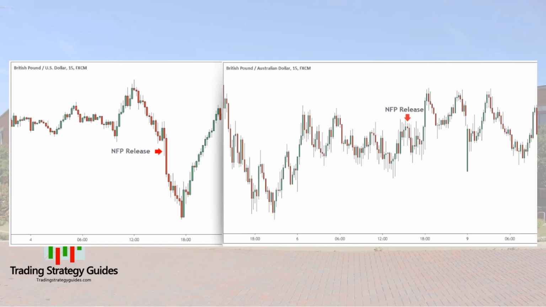This happens because the Pound Australian is a synthetic pair formed by the Pound US Dollar and the Australian Dollar US Dollar, which blocks the Pound Australian Dollar from moving much, as both the Pound US and the Australian US will weaken or strengthen at the same time depending on the NFP data. In summary, if you focus on the major currency pairs, you'll be just fine.